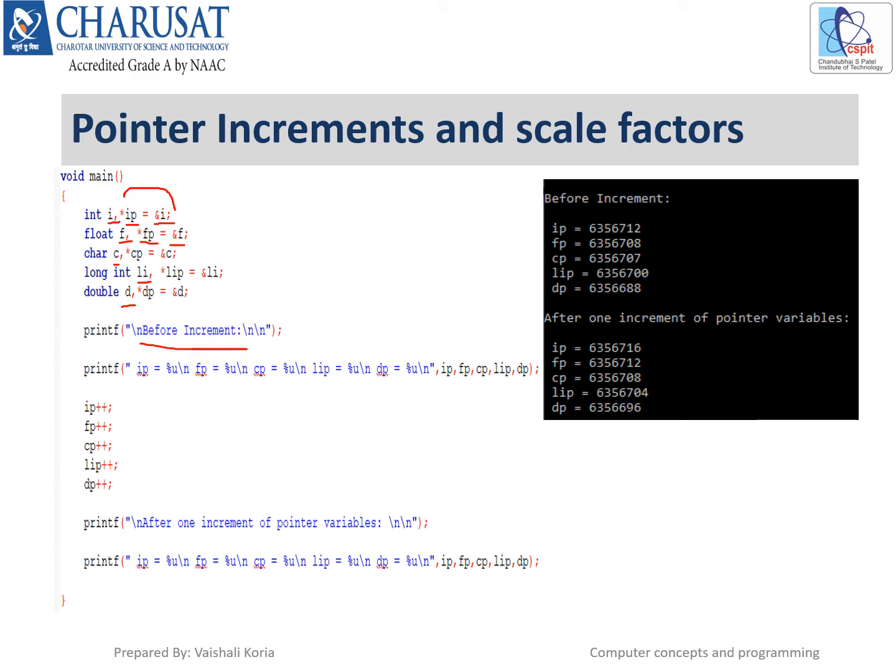Now before increment, if we print the values of these pointer variables, you can see the output. Before increment, if we print the values of the pointers, it would be like 6356728. This is the value of IP, FP, CP.